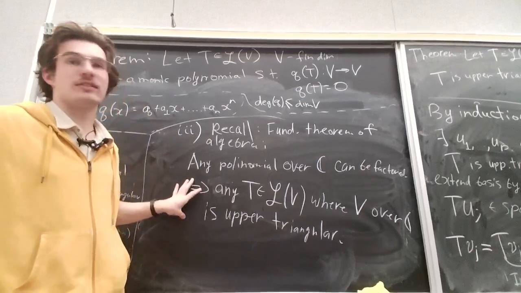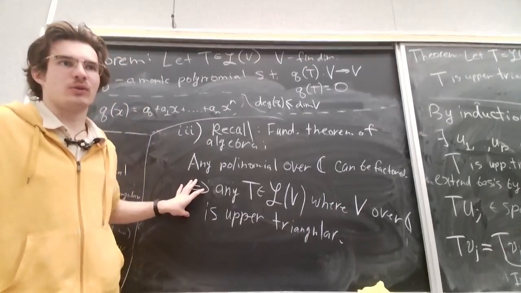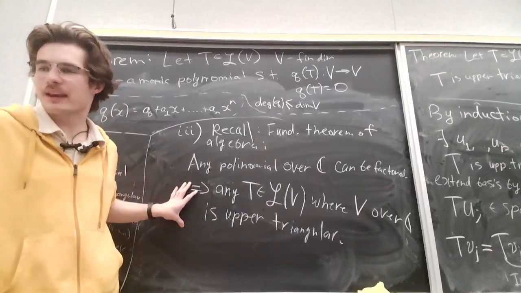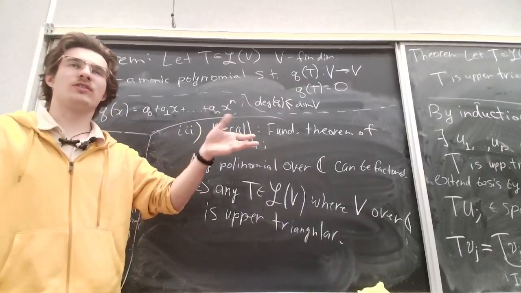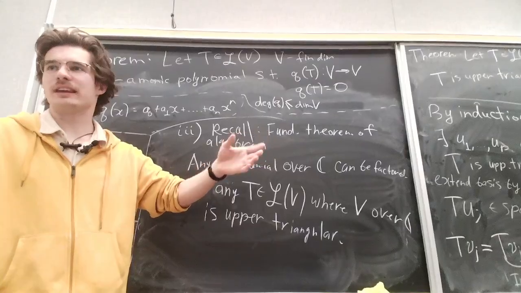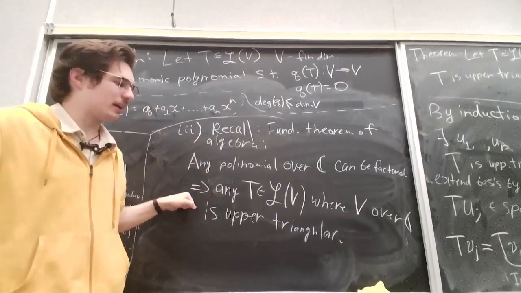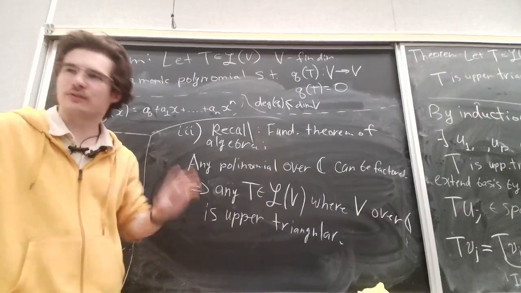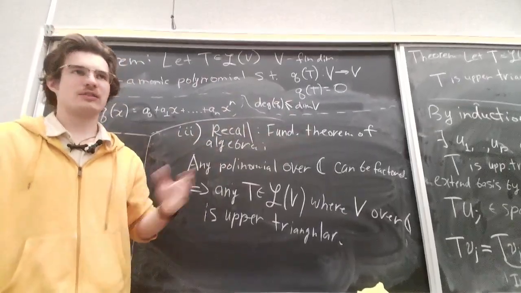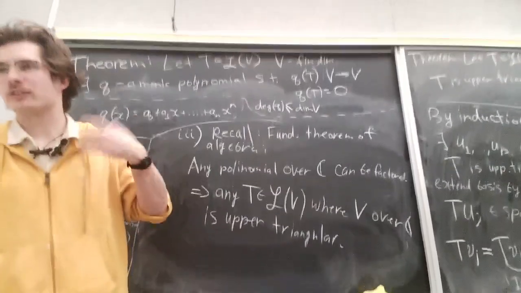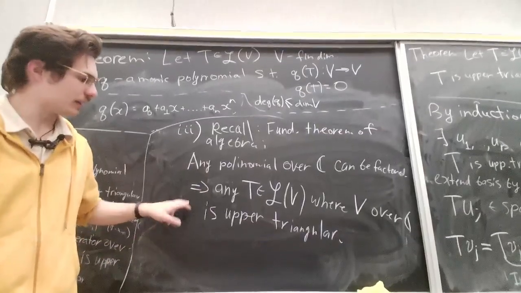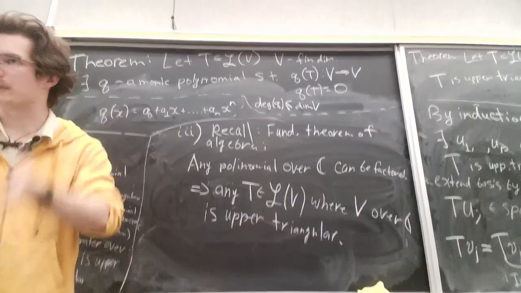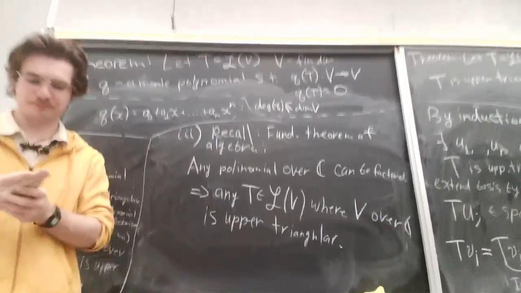This will be an important step in the proof to show that these operators have an upper triangular basis by this theorem. Then we'll use a certain trick about those operators to see that if it has an upper triangular basis, then in fact that will also be the diagonal basis for those specific operators. So we'll exploit a certain property of them and realize that their upper triangular basis is also going to be their diagonal basis.